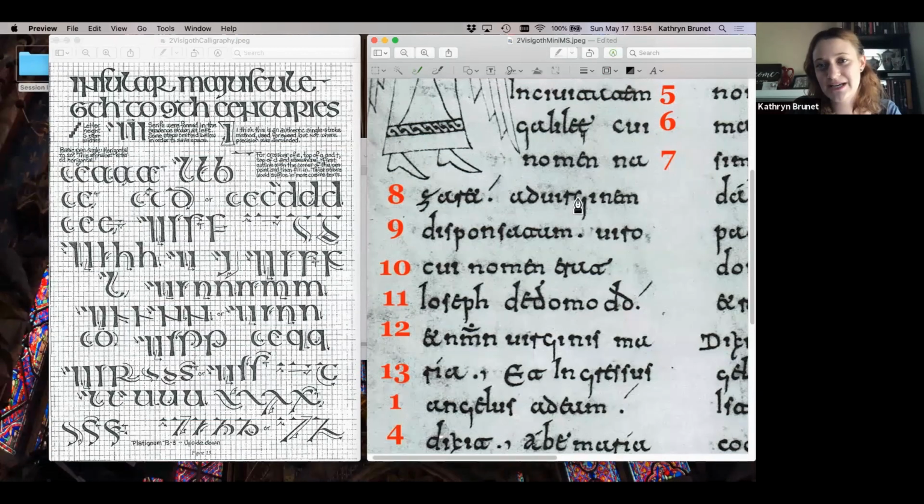Now we have this G, it's open on the top, same as this G, got this long descender, I, N, E with our ascending E here, and M.